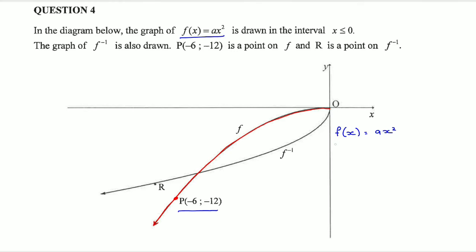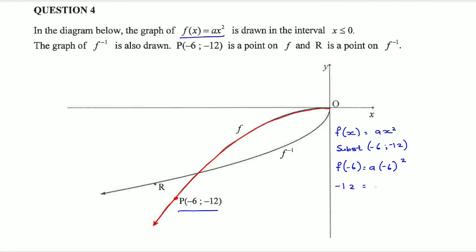So we can substitute point P into f of x. So we substitute minus 6, minus 12 into f of x. So x is minus 6, so f of minus 6 is equal to a times minus 6 squared, and f of minus 6 is the y value, which is minus 12.